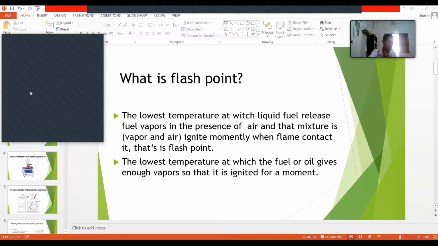Lower than, sir. Lower than, right? So below the room temperature. I think if you search in the net, you will get around 20 degrees Celsius or something for the flash point of petrol. But we had done it for the diesel, right? So diesel is above 52 degrees Celsius.